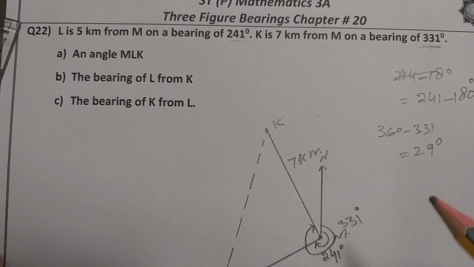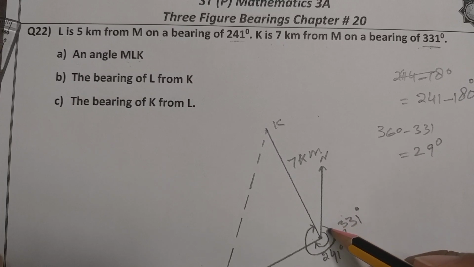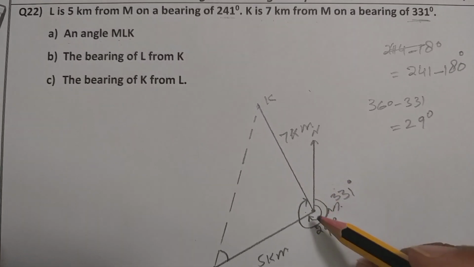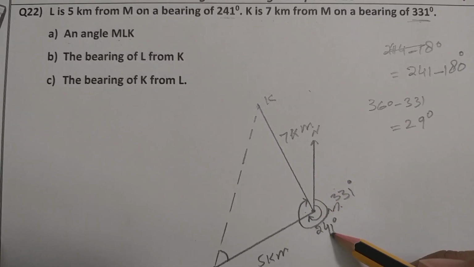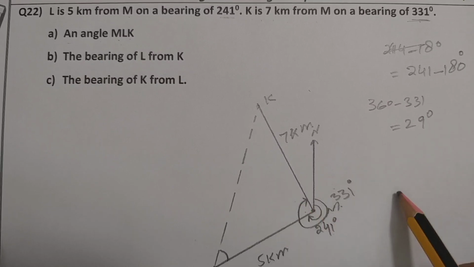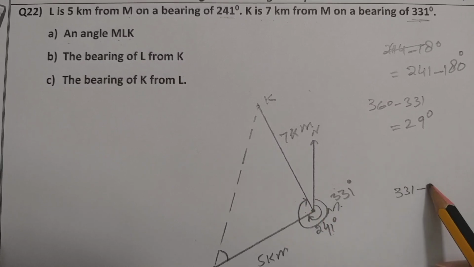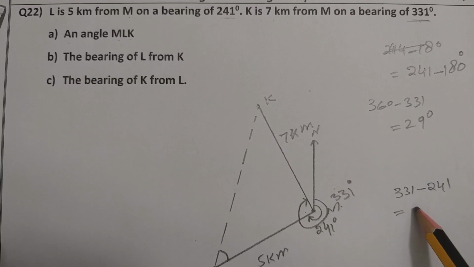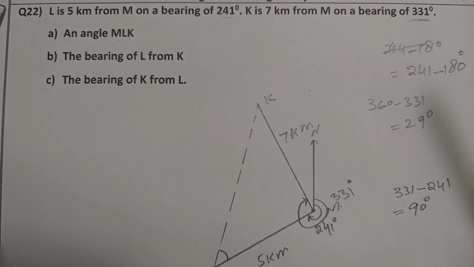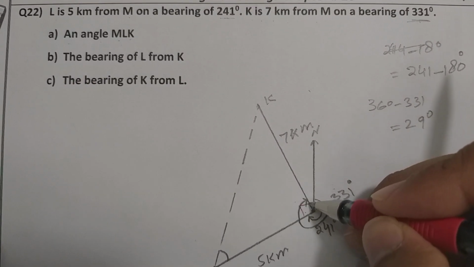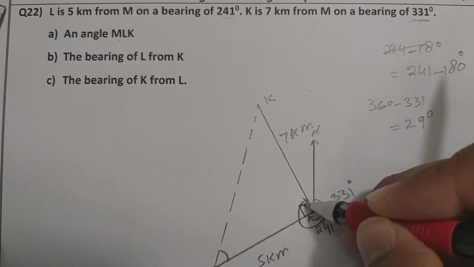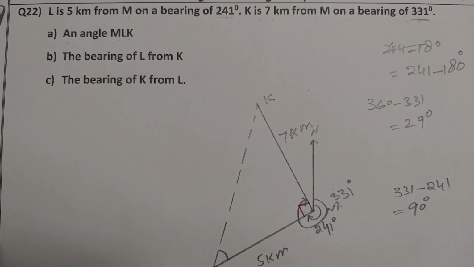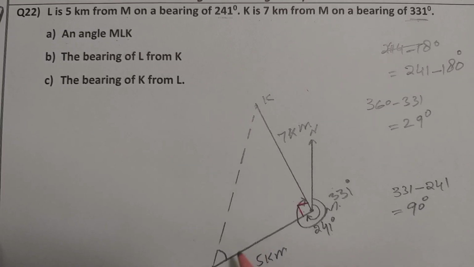If we observe, this complete is 331, and from here to here it is 241. So 331 minus 241 gives you 90 degrees. So it means this angle is a right angle. Now we need to find this angle.